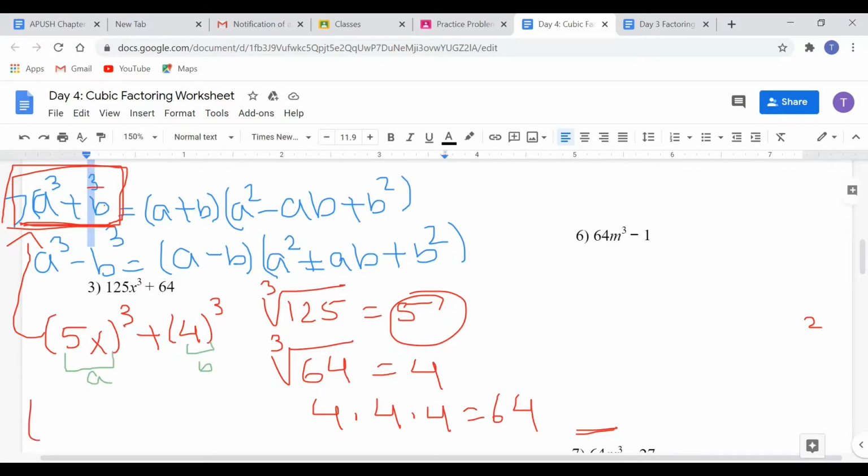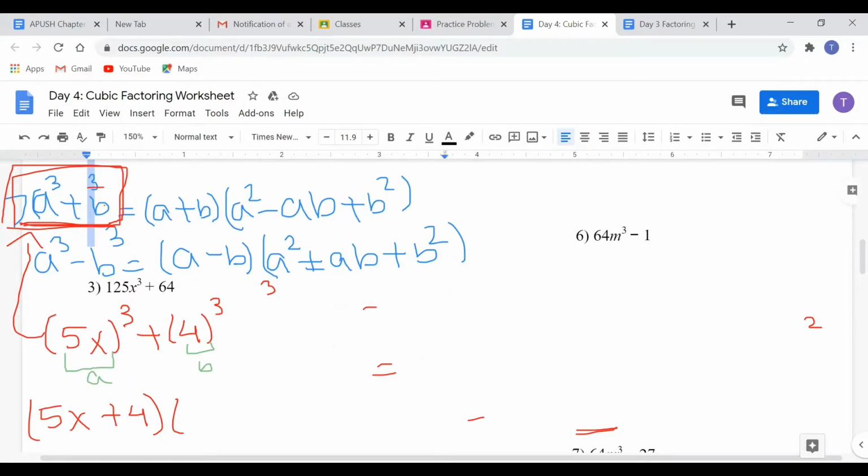All right, so the formula states A plus B, so 5x, since it's my A, 5x plus 4. And for the second part, I'm supposed to do A squared. So whatever my A was, I was supposed to square that. I just told you that my A is 5x. So I cannot just square x and call it a day, and I can't just square 5.